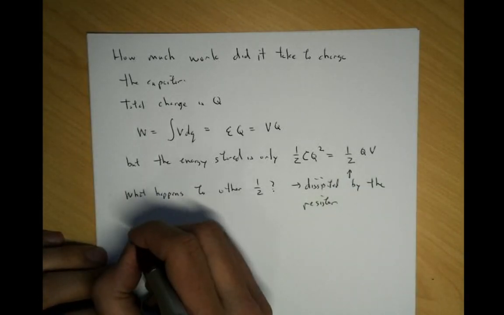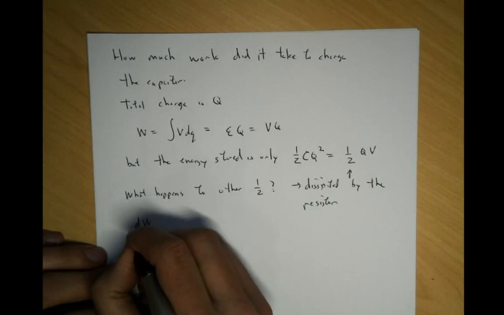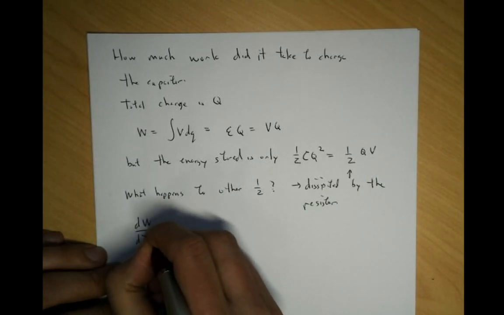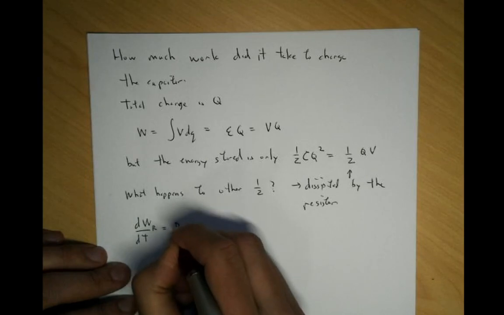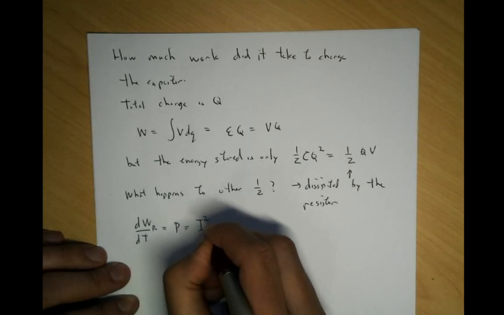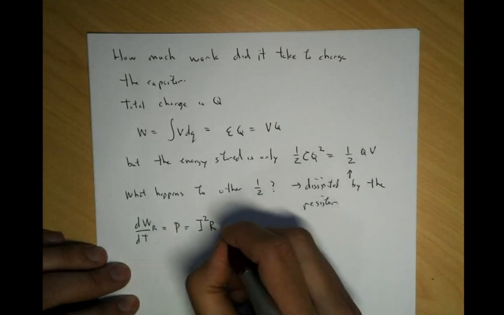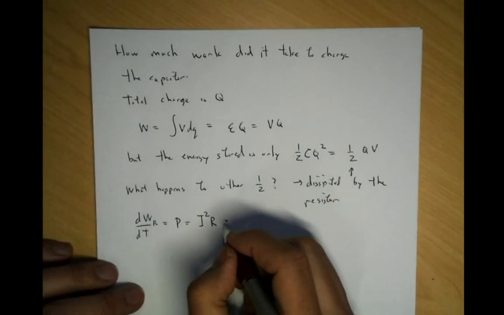So in this case, dW/dt is the work done by the resistor, that's just the power. This is equal to I squared times R, one of our power rules that we stated earlier.